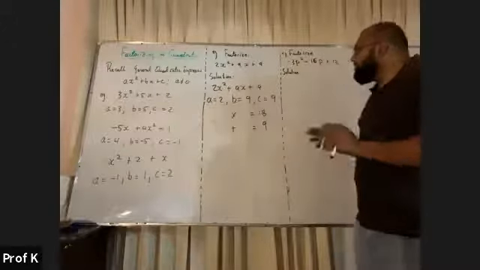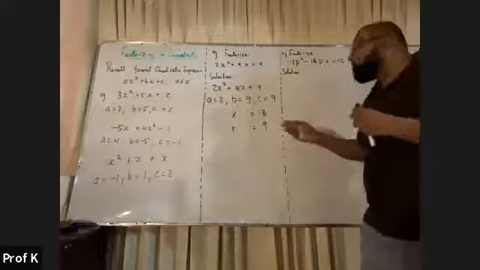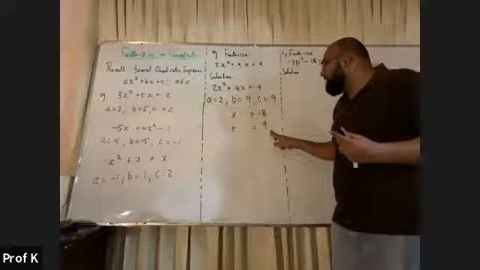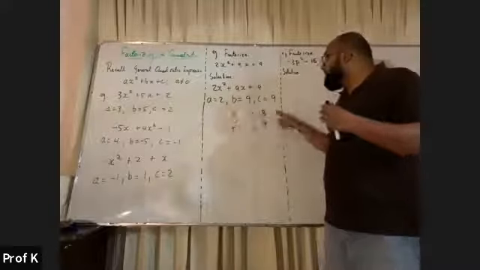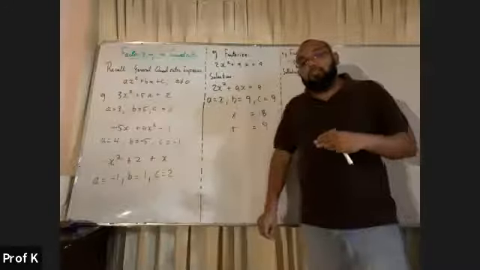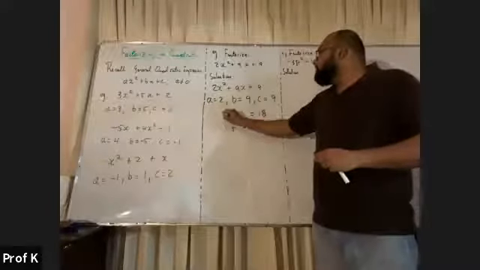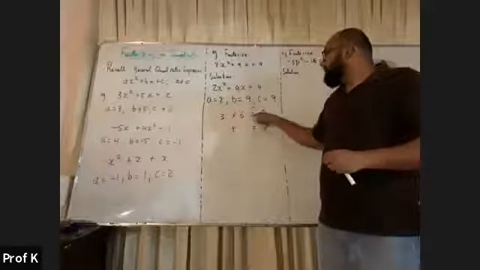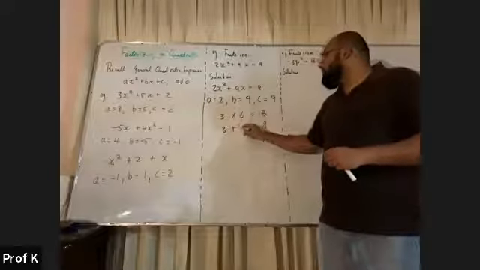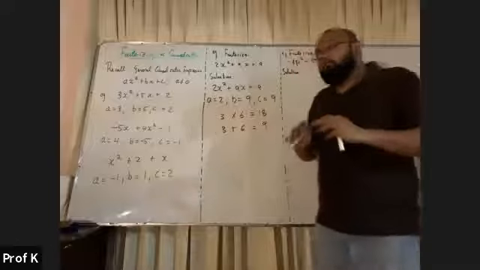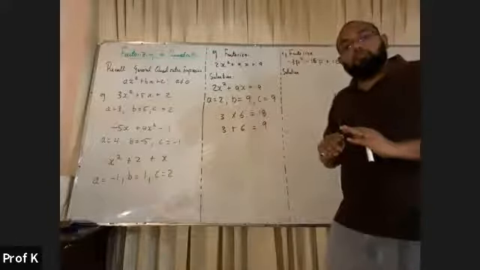So now you have to think about what numbers multiply to give us 18. 1 and 18 can't add to give you 9. 2 and 9 can't add to give you 9. But what about 3 and 6? 3 by 6 will give us 18, and 3 plus 6 will also give us 9. So these are the two numbers we're looking at.